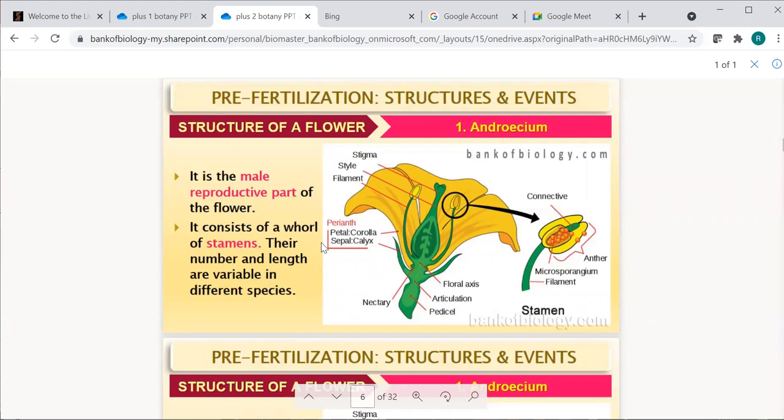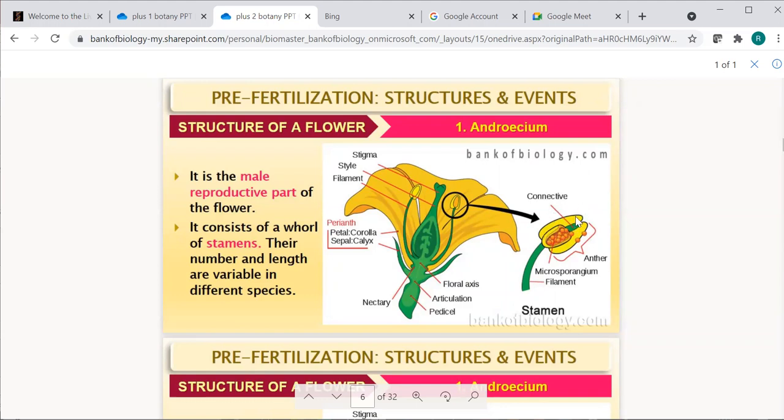So in androecium, we were talking about the anther. Androecium has stamen, which is further divided into anther and filament. Stamen has two parts, that is anther and filament. Filament is a long elongated part, and anther is bilobed. It has two lobes, and the two lobes are connected by a tissue known as connective.